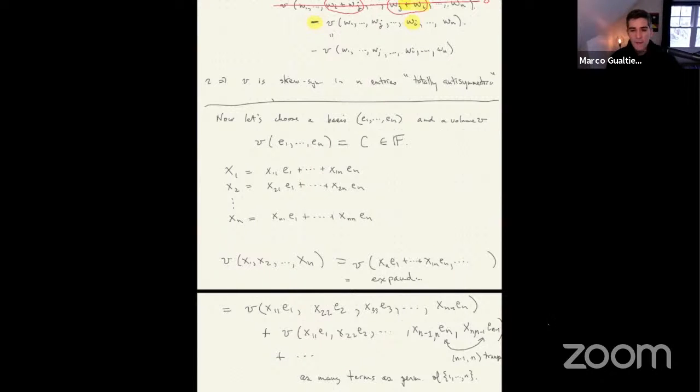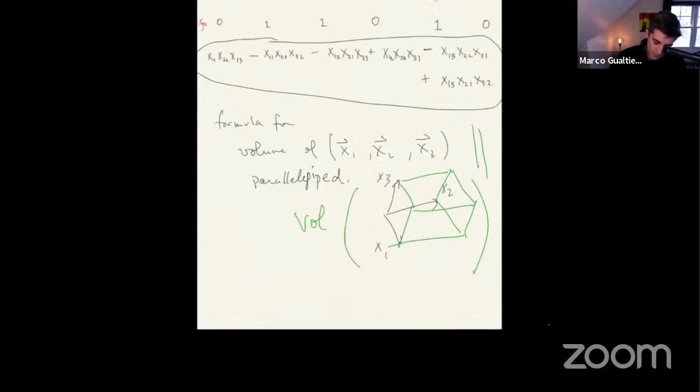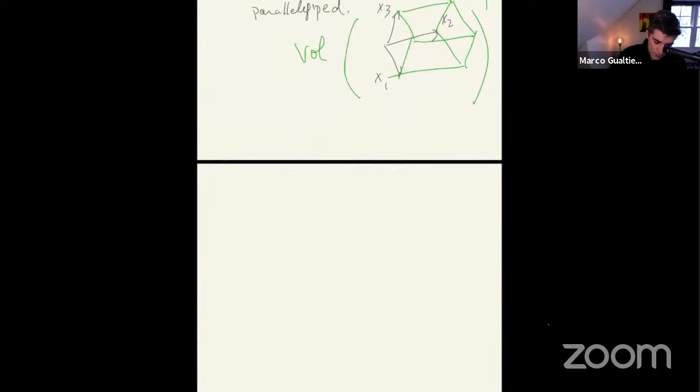If you have a volume, the claim is this: if V is a non-zero volume and V of these n vectors is equal to 0, then the list is linearly dependent.